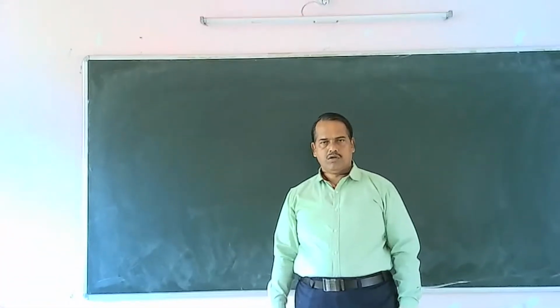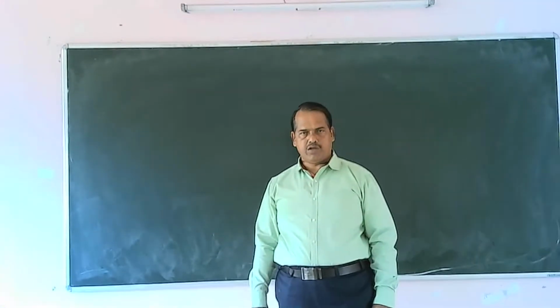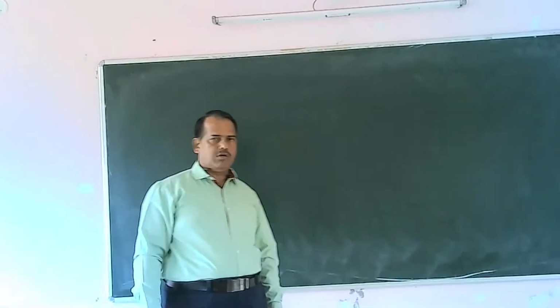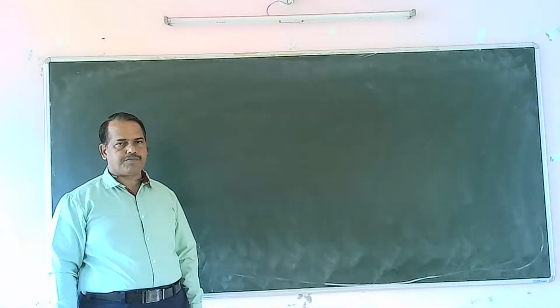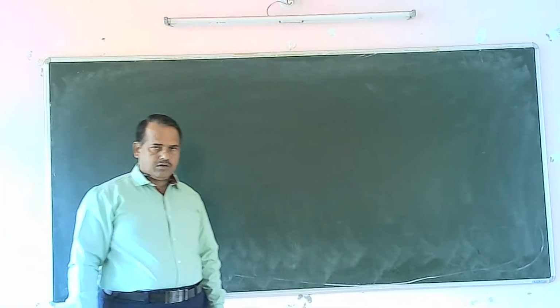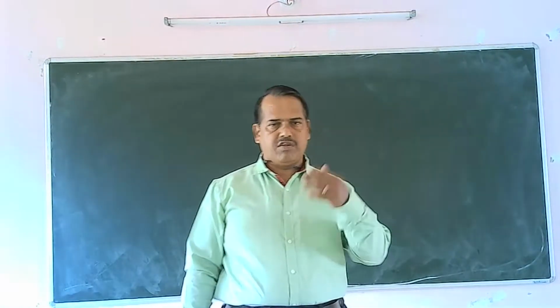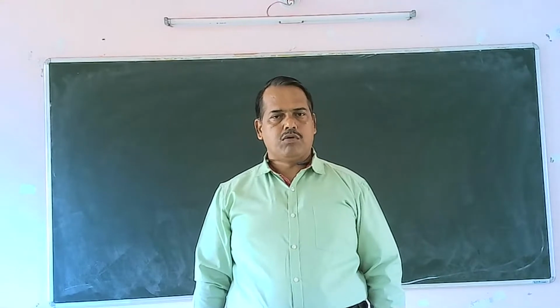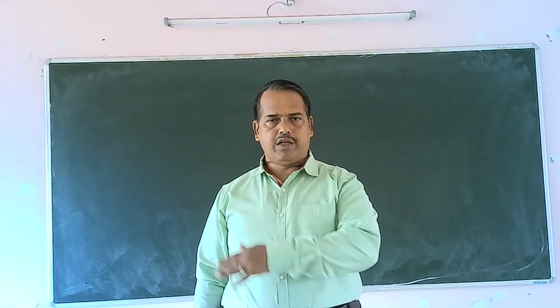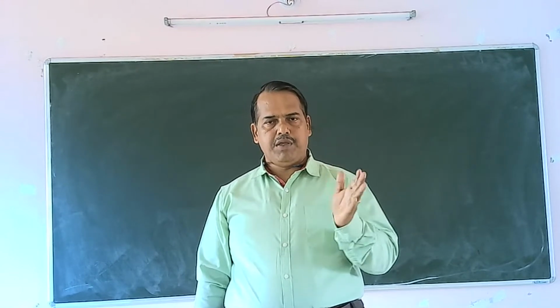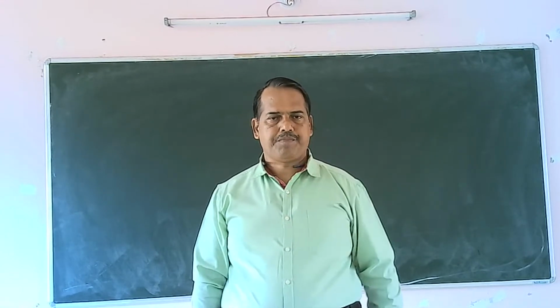Yesterday we discussed some of the basics about P block elements, and today we shall continue our discussion on P block elements. In the long form of the periodic table, P block elements lie from group number 13 to 18, where the p orbital starts to fill.